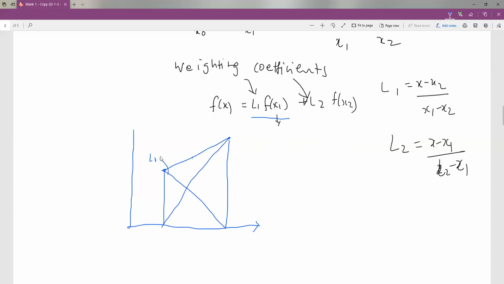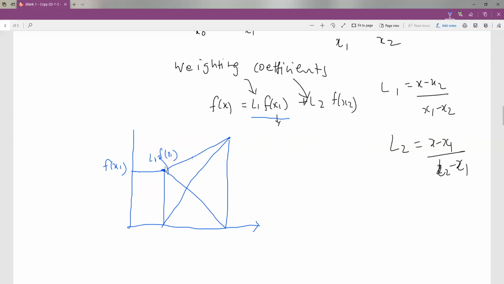The value of this is f(x1), but the entire behavior of this will be L1 times f(x1).